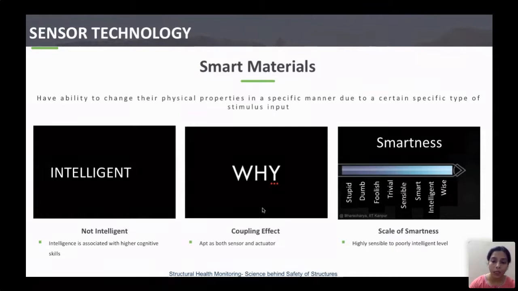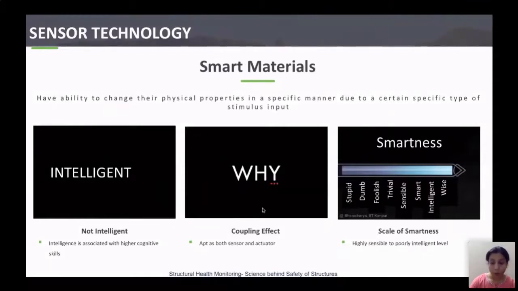However, in smart materials, along with the mechanical deformation, there are some other effects. For example, in piezoelectric materials, along with the deformation, there is a charge generation as well. So in these materials, there is always a coupling effect. Because of this, they are smart.